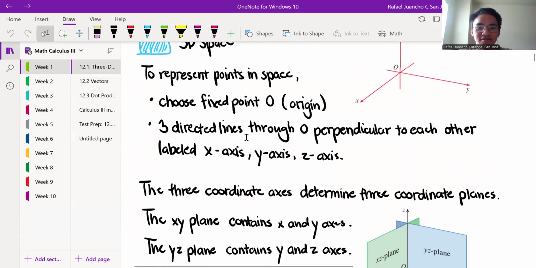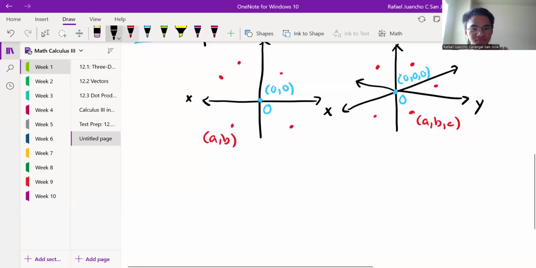Yeah, so we have 3 directed lines through the origin O. Yeah, we call it O, it's letters. They are perpendicular to each other. What we mean by perpendicular is lines that intersect and form a 90-degree angle, or pi over 2 radians.